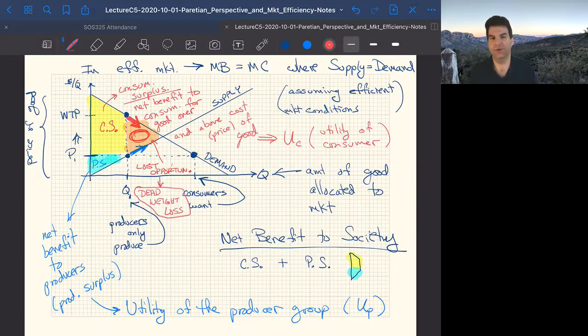So if a central government was to come and say, we're going to set the price at P1, and then you start noticing there are queues of people who want to buy things at that low price, but the producers aren't willing to produce more of it. We would say to that central government, that is an inefficient result. You are causing your society deadweight loss because you will not allow the price to be raised.